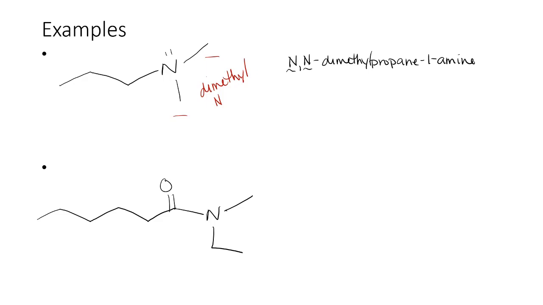The second group is an amide functionality, where once again it is going to be a tertiary amide. We have 2 groups coming off of the nitrogen. So this is going to be an N-ethyl, N-methylhexanamide.